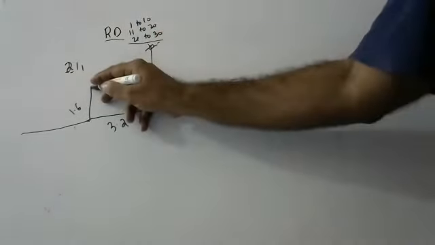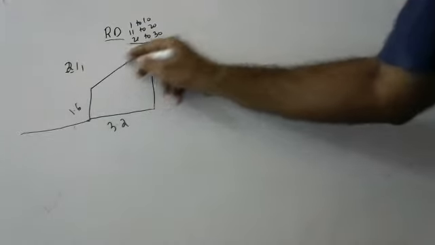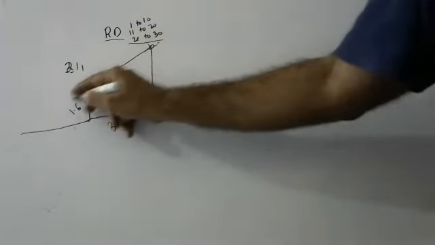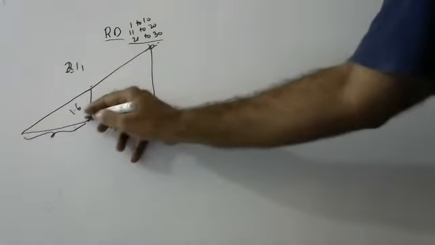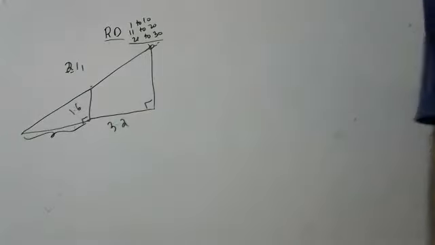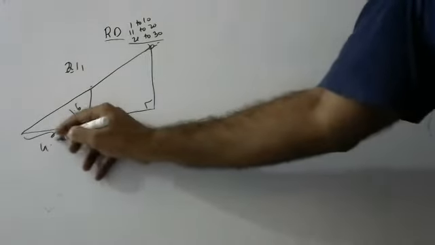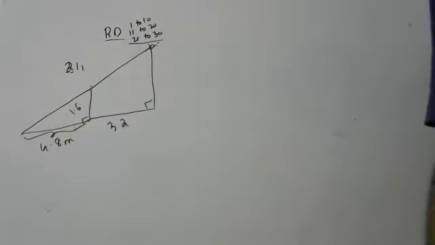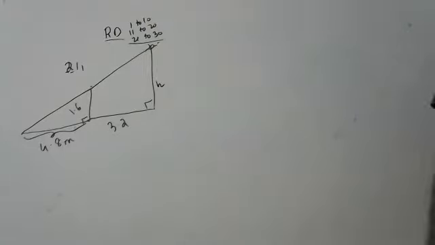This is the girl's shadow, falling here, and it is 4.8 meters. Find the height of the lamppost by applying trigonometry and similar triangles.